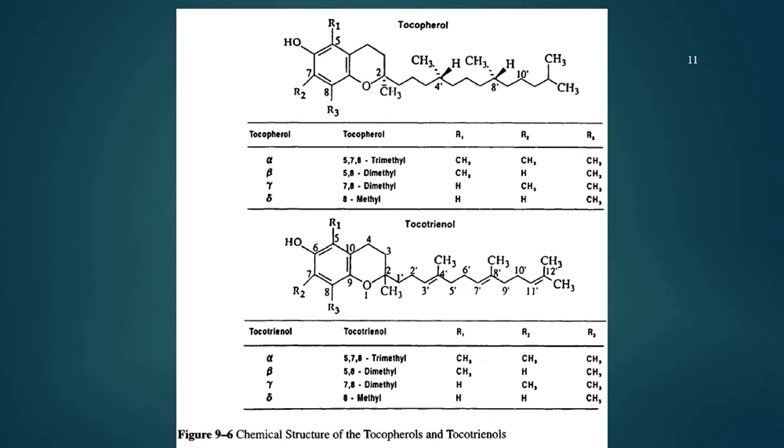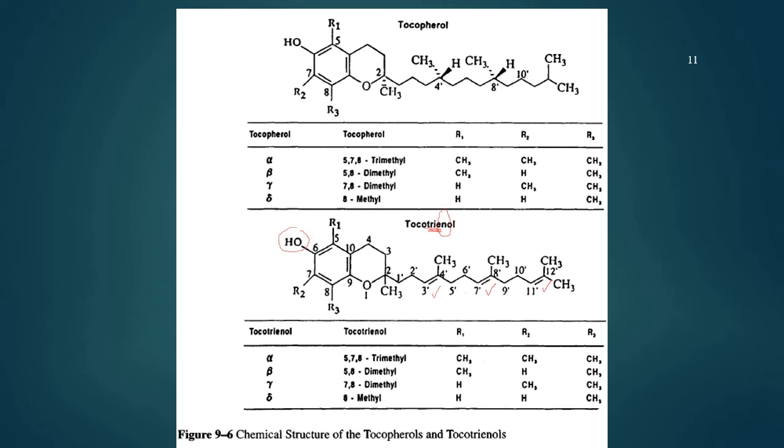Okay, so if you look at the tocotrienol, tri here means you have three unsaturated chains, in here means unsaturated, and enol here is because of the OH here.